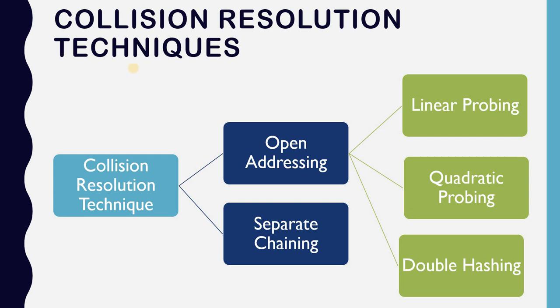There are two main techniques. One is open addressing and second is separate chaining. Open addressing is divided into three types: linear probing, quadratic probing, and double hashing, or you can say rehashing. And separate chaining uses a linked list for handling the collision. In open addressing, the same hash table is used for addressing.